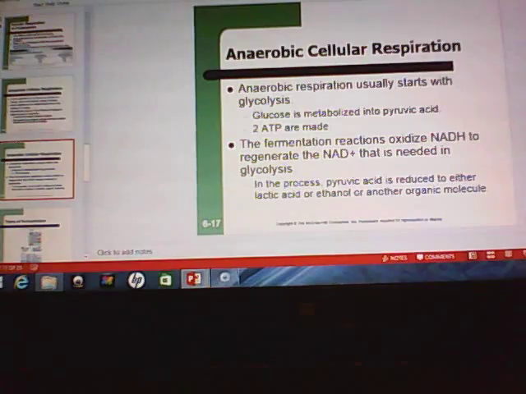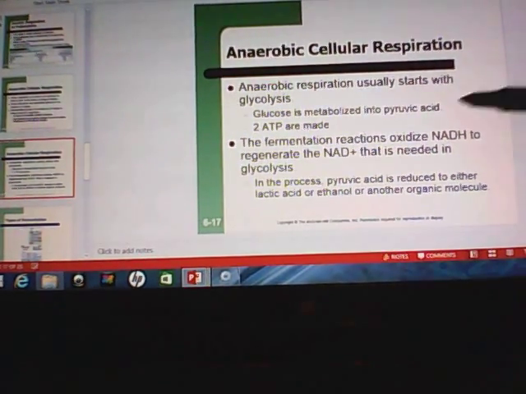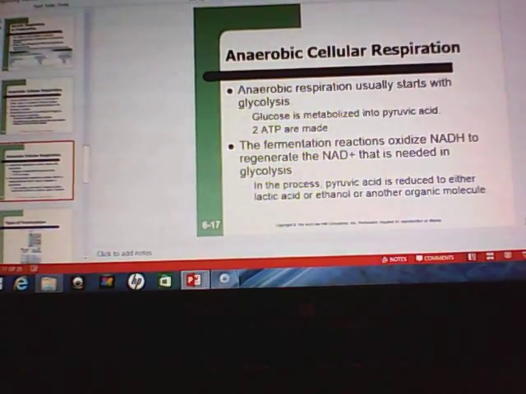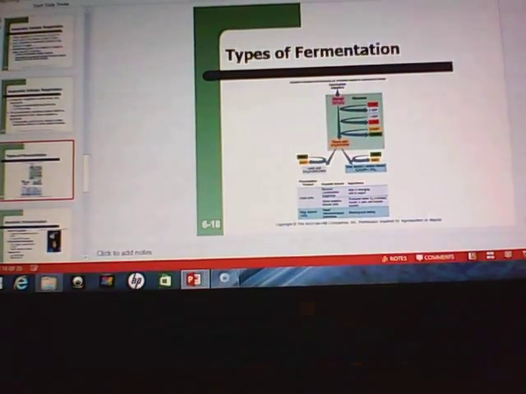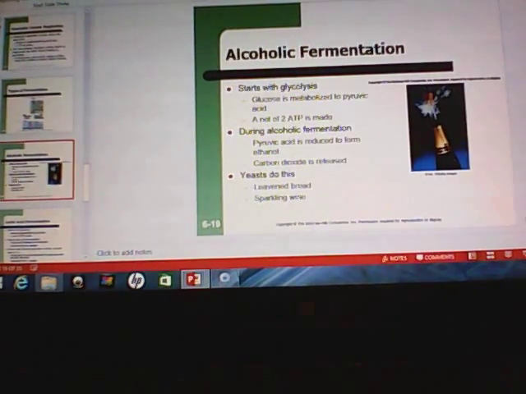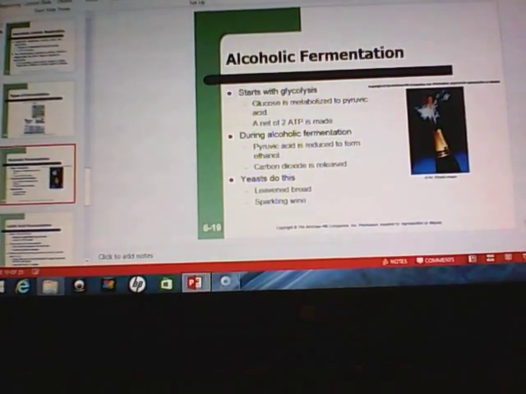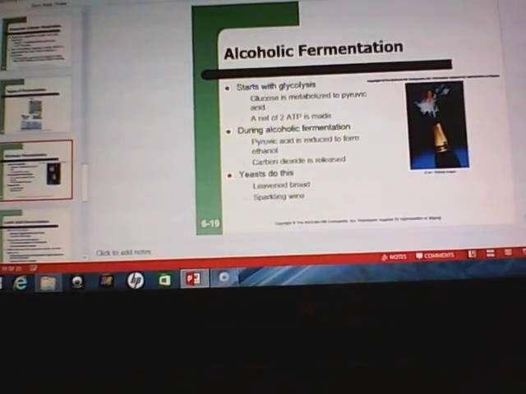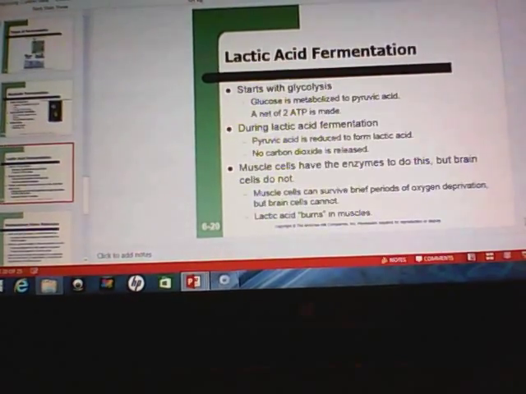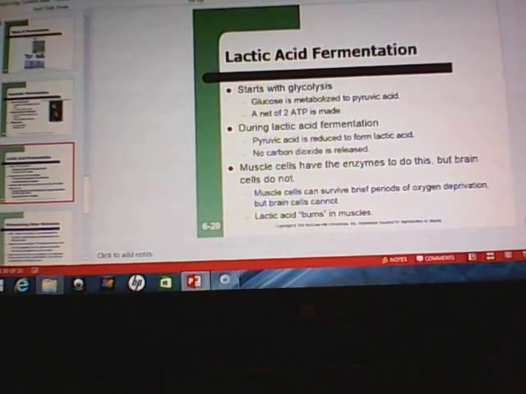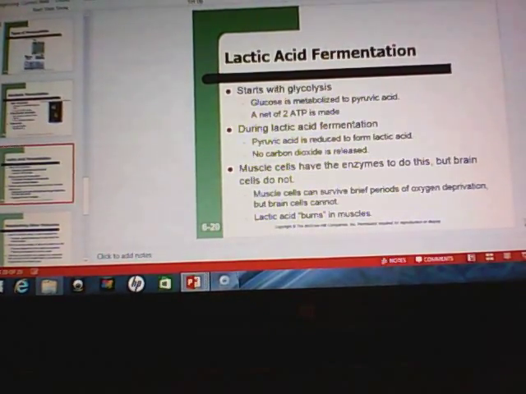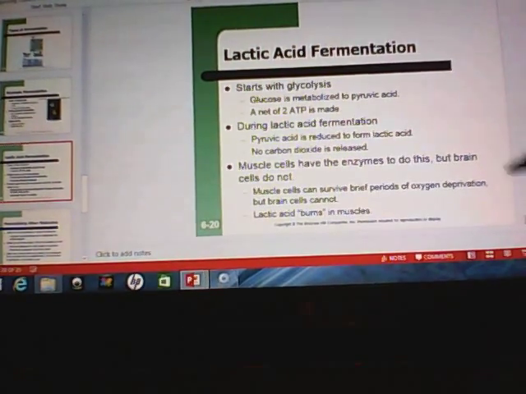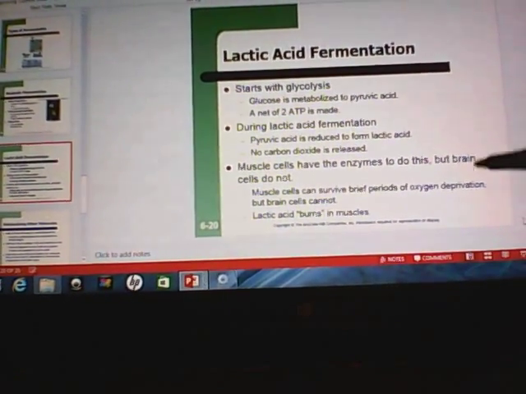You need to understand that the fermentation reaction oxidizes the NADH that is needed, and that you end up making 2 ATPs out of it. Alcoholic fermentation is how we make alcohol, from grapes, yeast for beer, bread, all of those. You make 2 ATPs. You also go through lactic acid fermentation. No carbon dioxide is released, but the pyruvic acid turns to lactic acid.